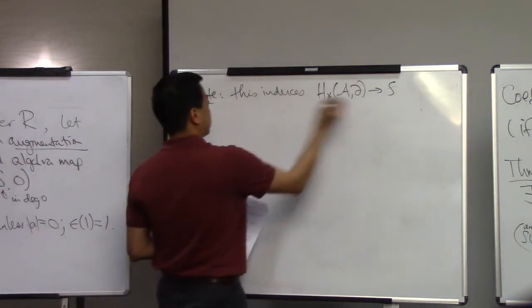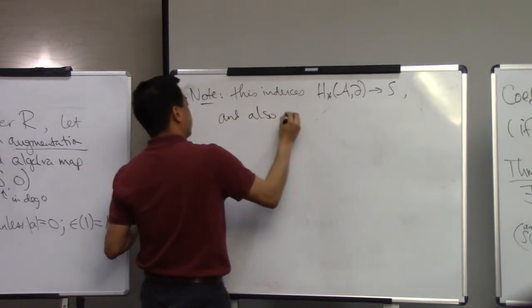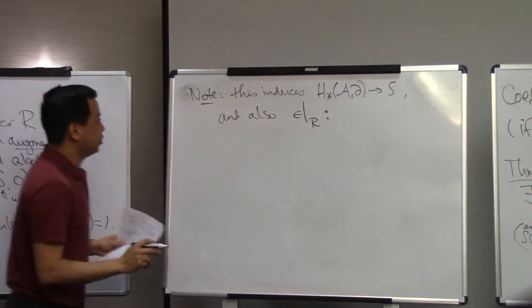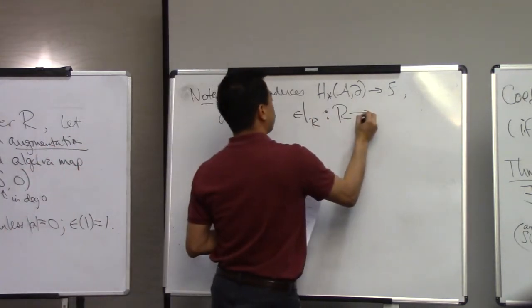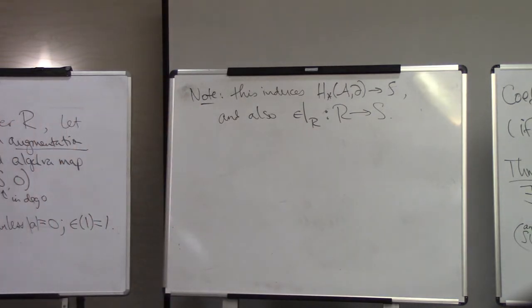And more importantly for our purposes, it induces a map, epsilon restricted to the coefficient ring, from R to S, a ring homomorphism. Because the coefficient ring sits in degree 0, epsilon will have to send it to something.